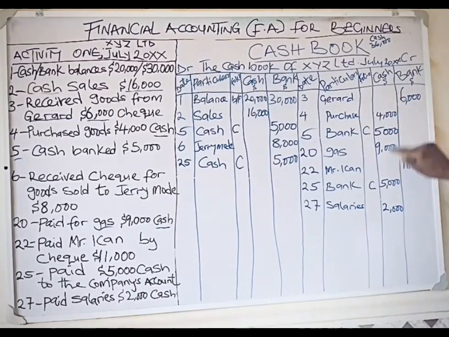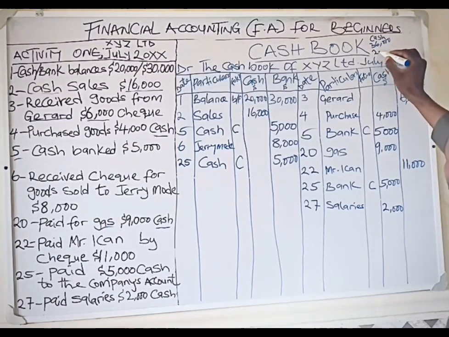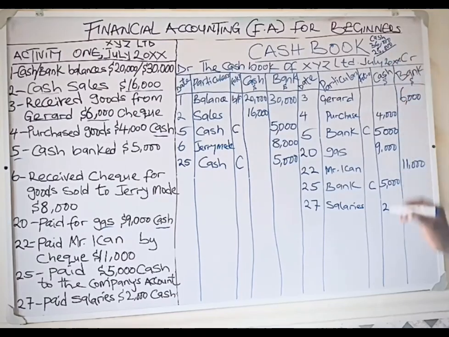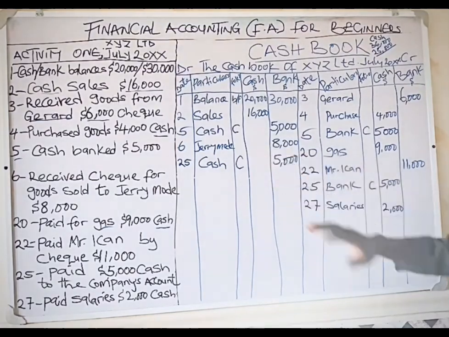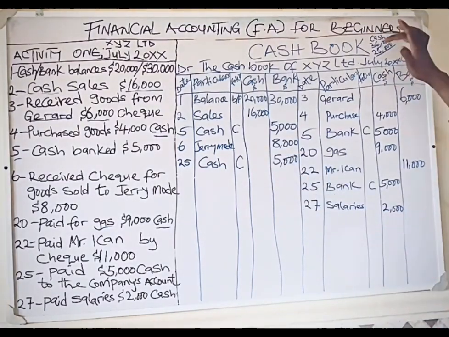You add it up and compare. 4 plus 5, 9, plus 9, 18, plus 5, 23, plus 2, 25. You have 25,000 at the credit side. So, what are you looking for? That if you put it here, it will give you the same amount. That is balancing. It will give you 36,000.